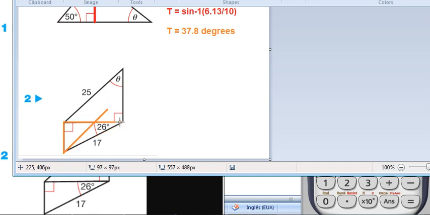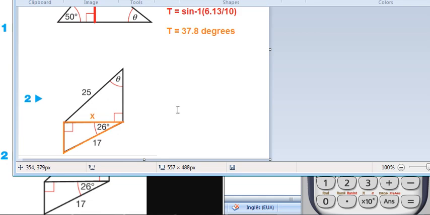We know the angle 26, and we also know the angle 17. And so we can figure out this side here in orange. We have to figure out this side, because with it we're going to relate these two sides to find theta.